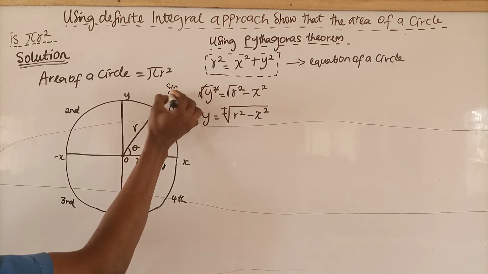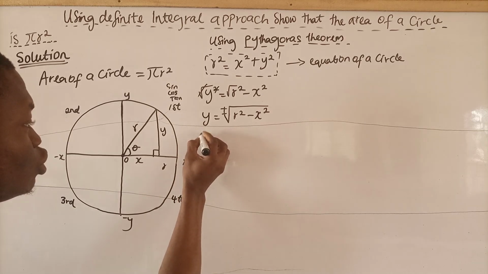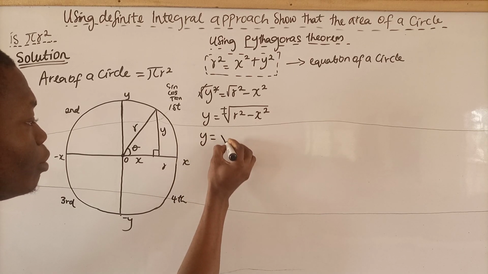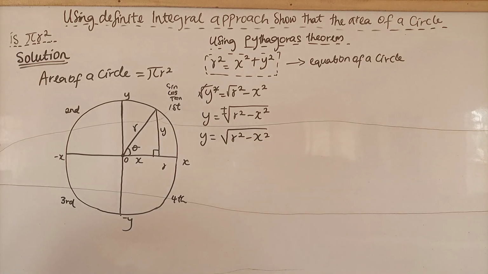Sine, cos, and tan, all of them are positive. So I'm going to use y equals the positive square root of r squared minus x squared. So this is what I'm going to use.